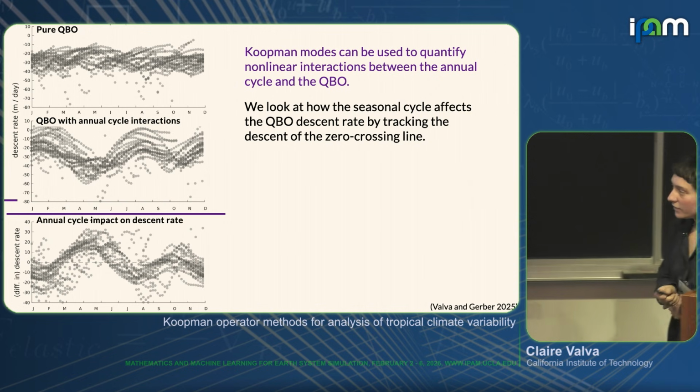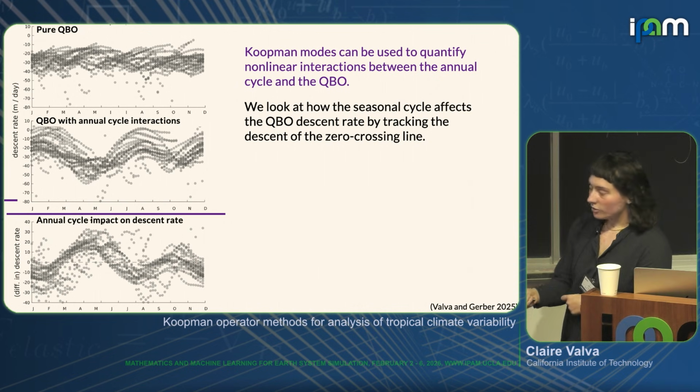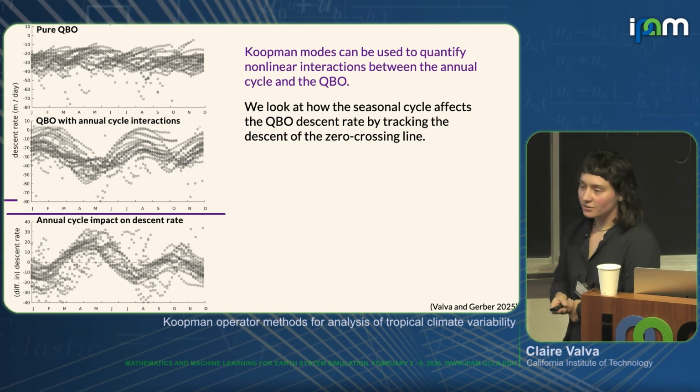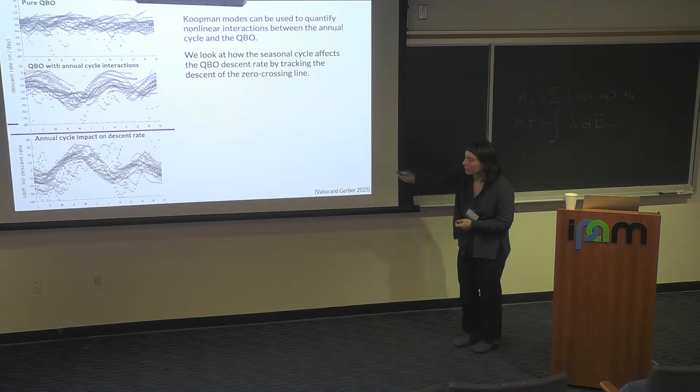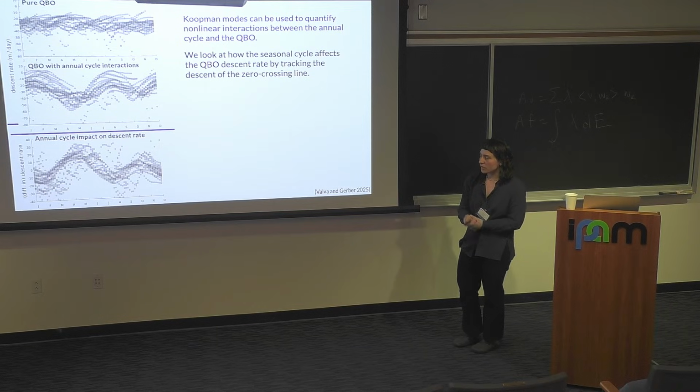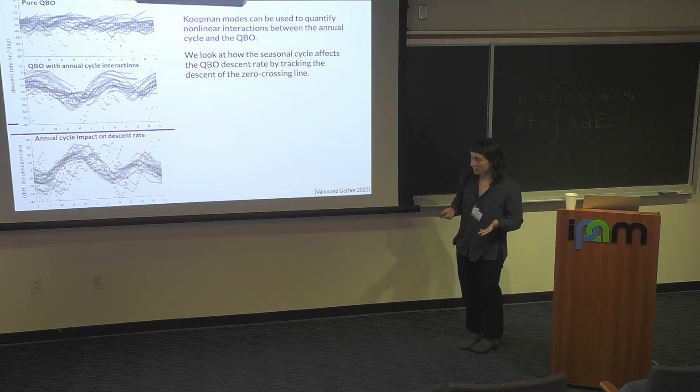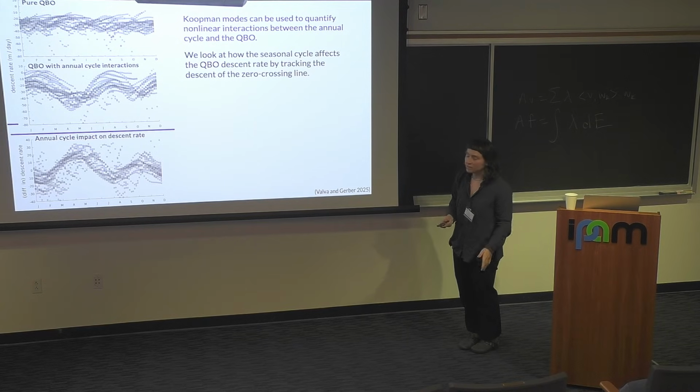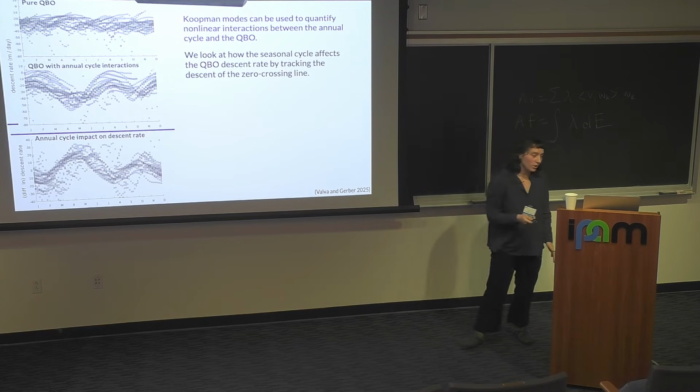We can quantitatively say that the annual cycle impact on QBO descent rates is just the difference of these two plots. So we kind of just invert this bimodal distribution, but it's still pretty distinct. There are times of the year when on average the QBO is much faster, and times through the year where on average the QBO is much slower.